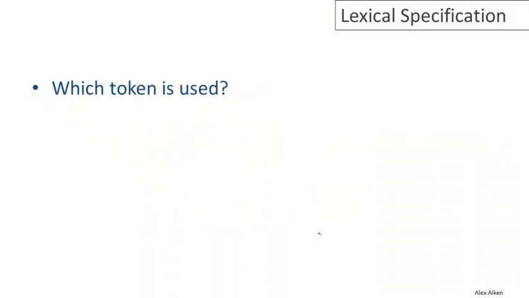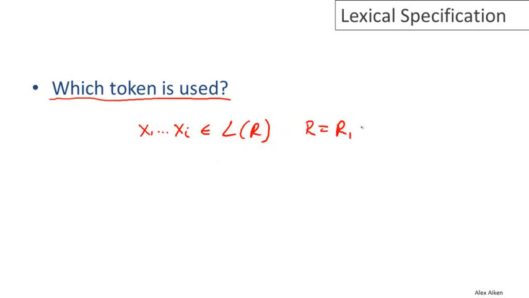A second question is, which token should be used if more than one token matches? So what do I mean by that? Well, again, we have our prefix of the input, and it's in the language of our lexical specification. And just remember that the lexical specification itself is made up as the union of a bunch of regular expressions for token classes.